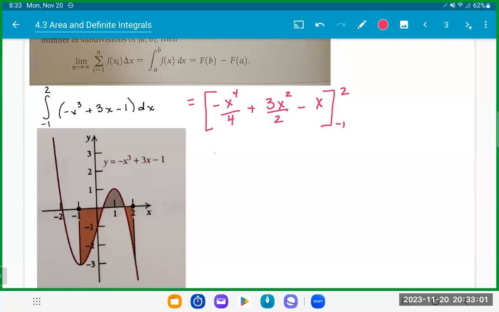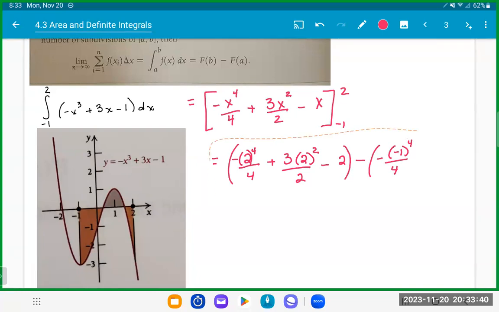Okay, so we're going to evaluate this. We go from the top one. So we have negative 2 to the 4th over 4 plus 3 times 2 squared over 2 minus 2. That's the first half, and we want to subtract from that the second one, which is negative 1 to the 4th over 4.